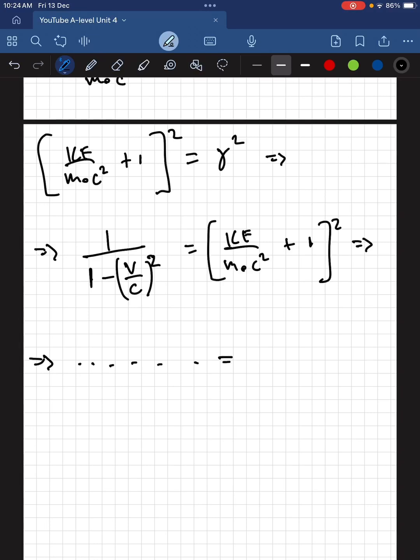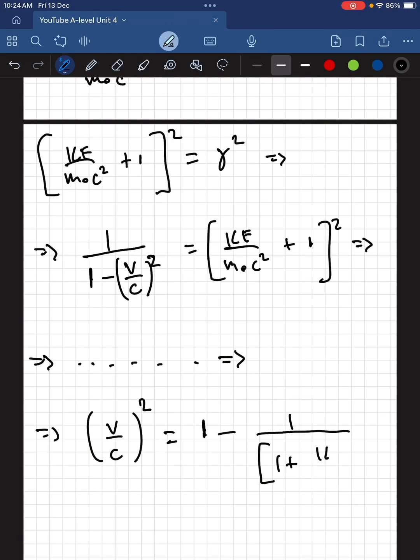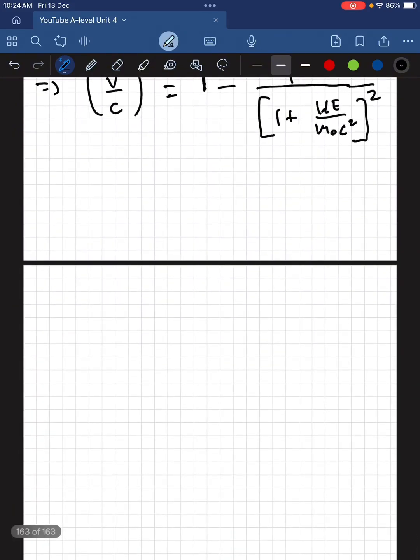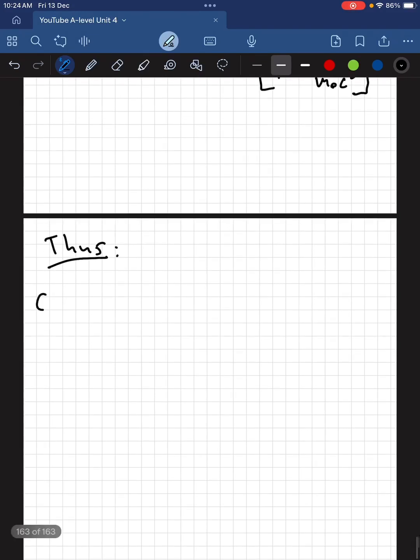So this is a lot of algebra, so I'm going to skip some steps and give you the final result. Basically, we rearrange this to get v squared over c squared is 1 minus 1 over (1 plus KE over m naught c squared) squared. Okay, so let's gather our results together.